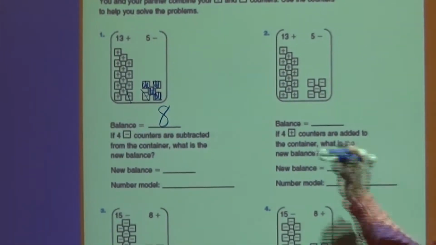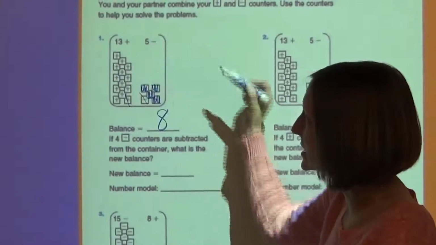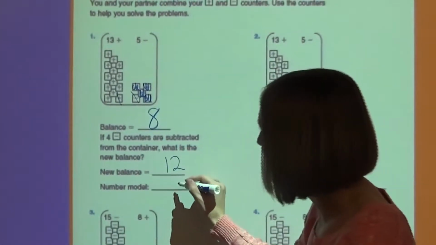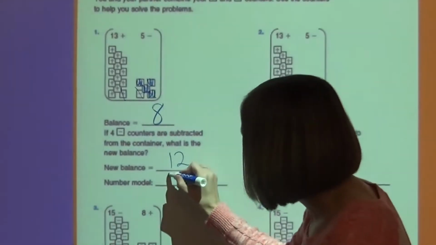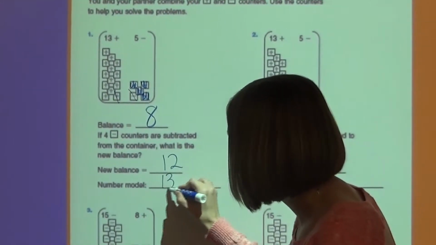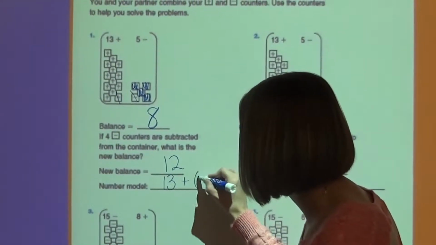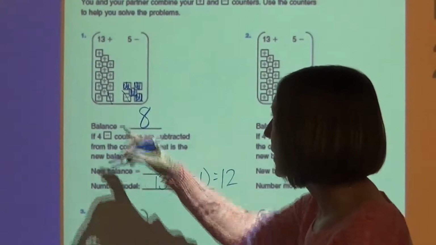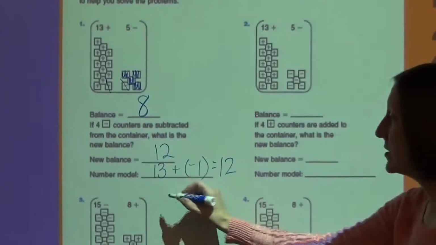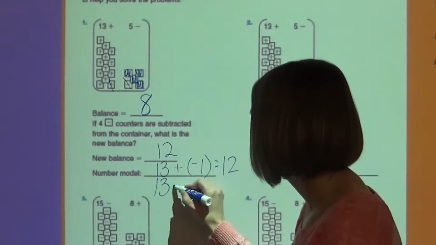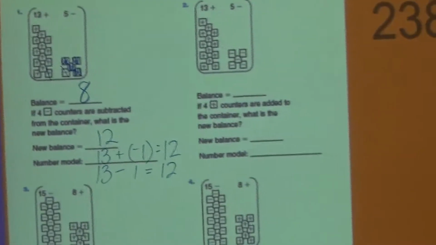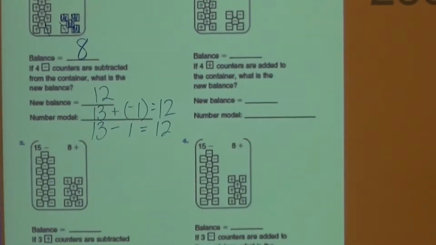And so it's really 13 minus this 1 would give me 12 left. And if I wrote that as a number model, I can put 13 plus a negative 1 equals 12. Or what I really did was 13 minus 1 equals 12. And we'll see what that looks like when we start subtracting negative numbers in the next page.